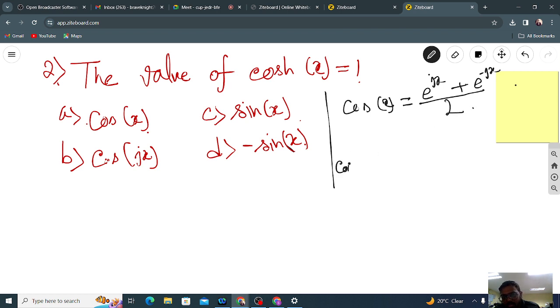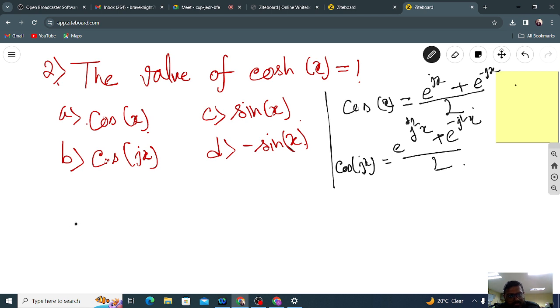Similarly, cos of jx can be written as e to the power j square x plus e to the power minus j square x by 2.